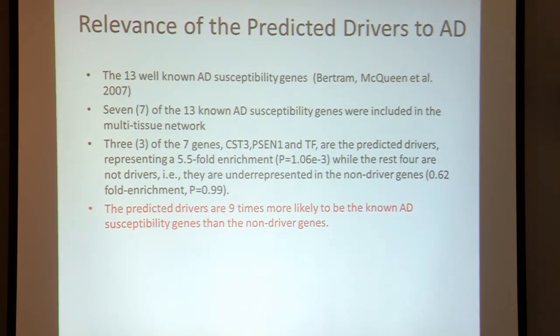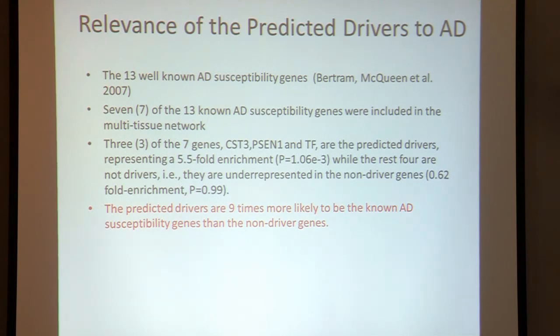In Alzheimer's disease, we found a similar trend. So far only 13 AD susceptibility genes have been identified through GWAS studies. We believe those are the upstream genetic perturbations for the disease.